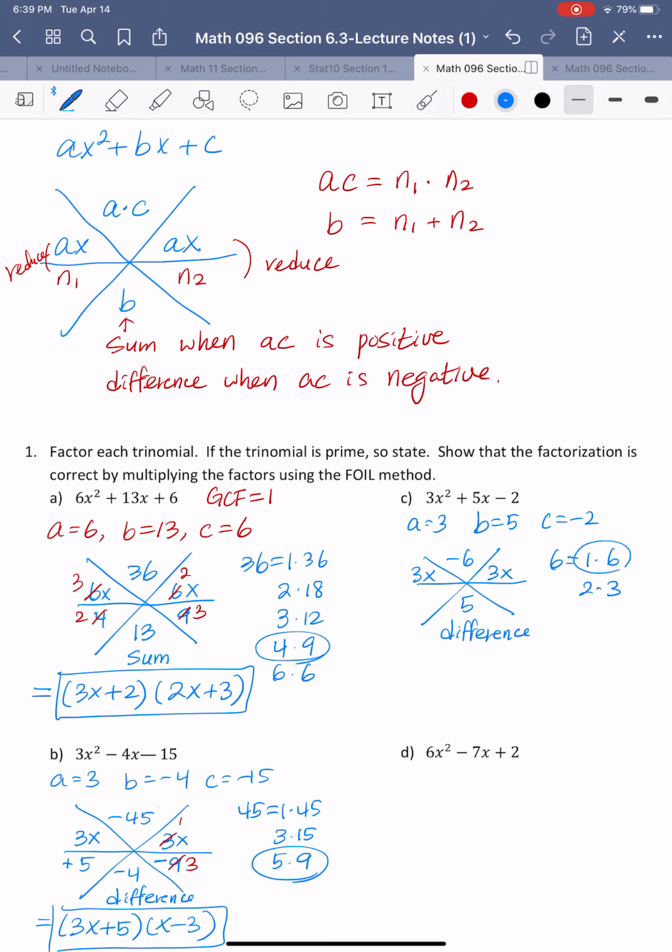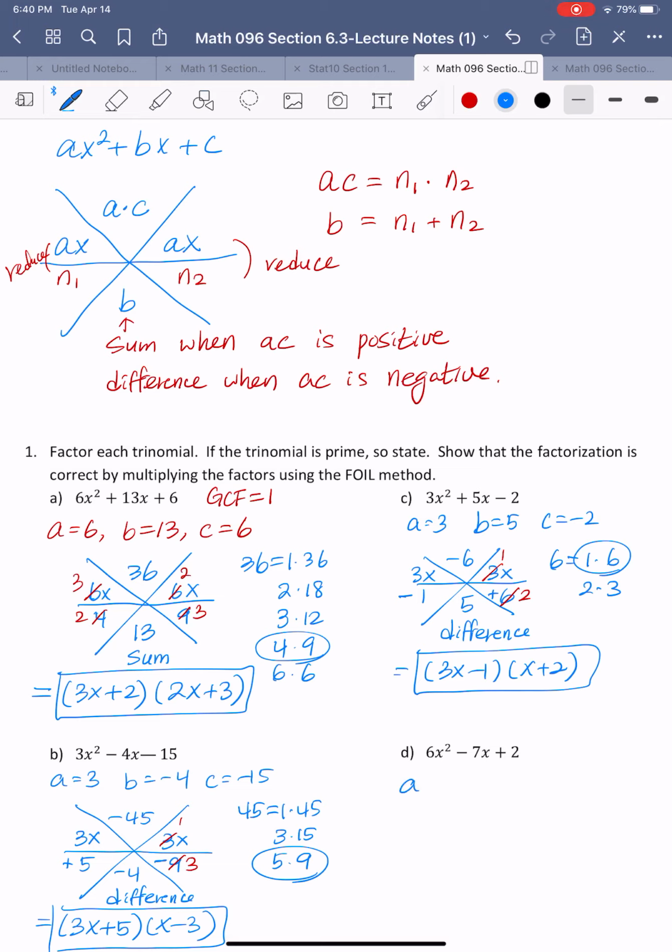The difference of 5 is 1 and 6. But I need a positive 5, so the 1 must be negative and 6 must be positive. And reducible: 3 and 6 go to 1 and 2. So it becomes 3x minus 1 times x plus 2. And when you FOIL, you get the product 3x squared plus 5x minus 2.